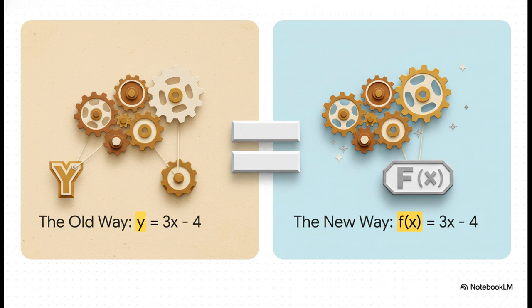These are 100% identical. They mean the exact same thing. The only, and I mean only, difference is that with f of x, we've given that rule, the 3x minus 4 part, a specific name. We've called it f. We could just as easily have another rule called g or h. It's all about keeping our equations organized, especially when we have more than one.